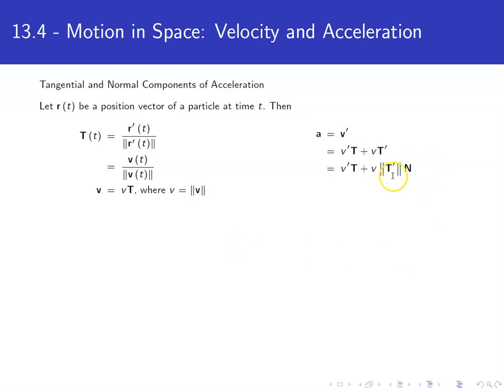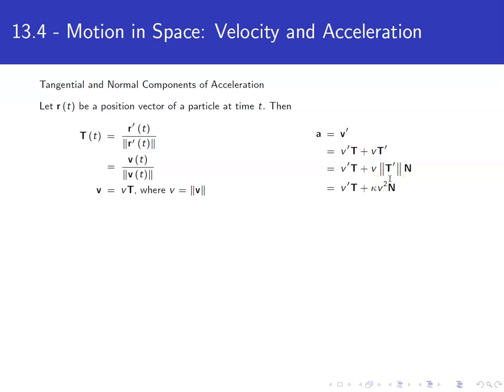We know that the unit normal vector is defined to be the derivative of the unit tangent vector divided by the magnitude of the derivative of the unit tangent vector. So all we're doing is making that substitution here. We still have a v prime in front of the T. Here we are just substituting in for curvature.